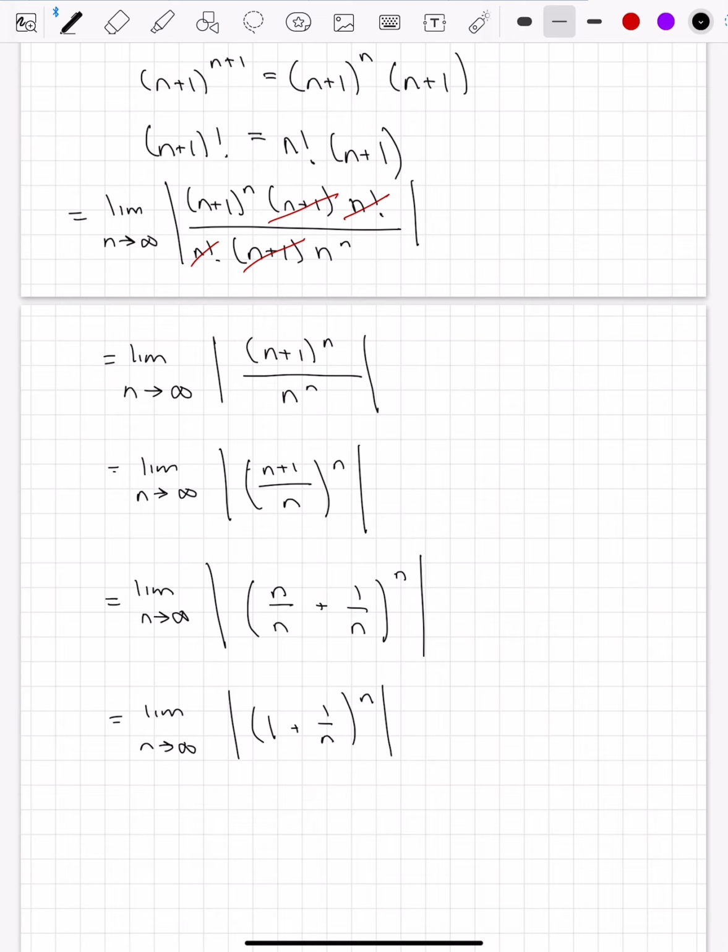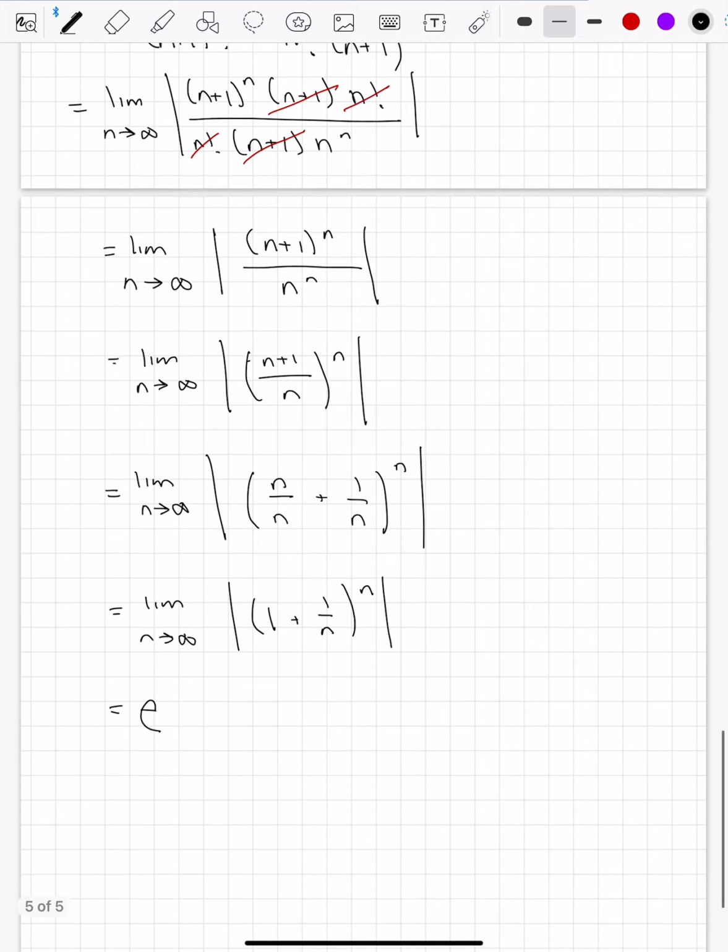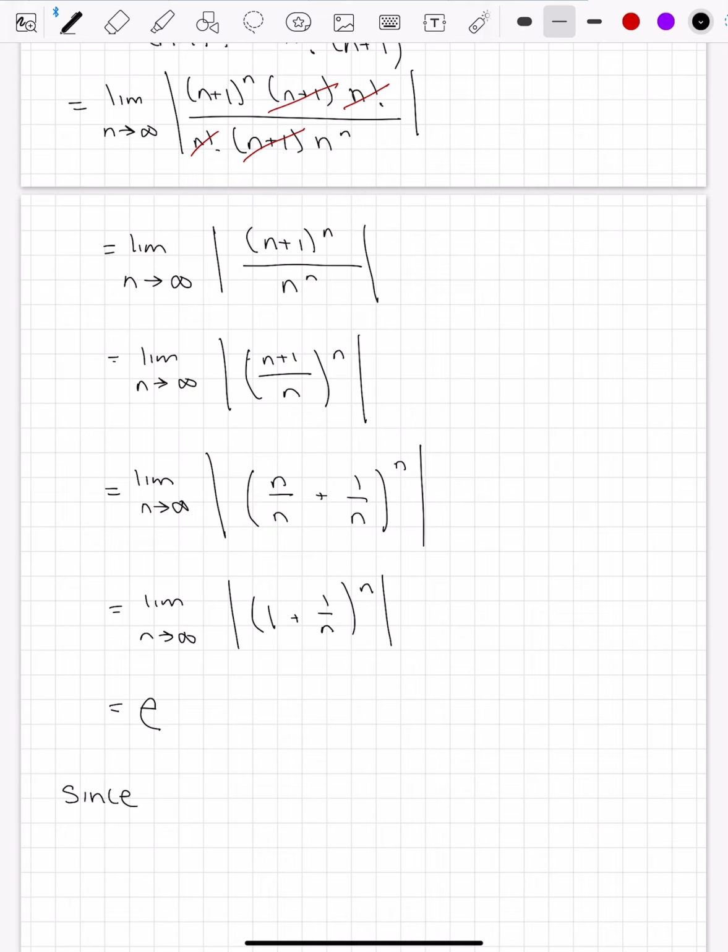Right, when we think about this limit here, it's equal to e. And so then since rho is greater than 1, we get that the series actually diverges. Right, that was the second option for rho.